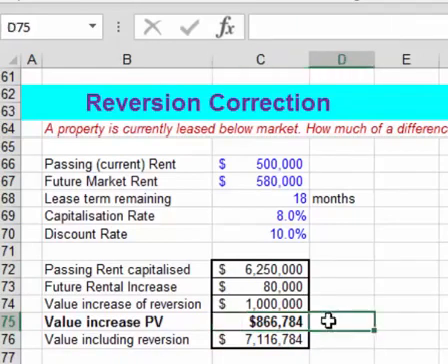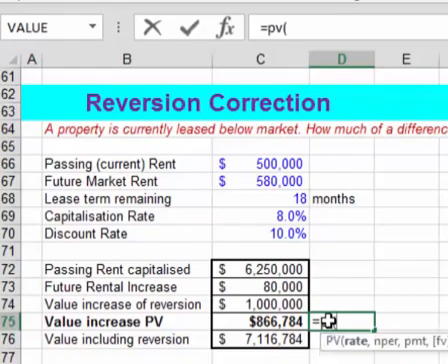I'll show you a different way of calculating that, which uses the Excel built-in functions. You can use either the algebra that we used first up, or we can use the present value function. The present value function asks for the rate, which is going to be 10%.